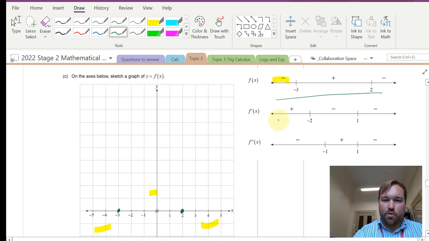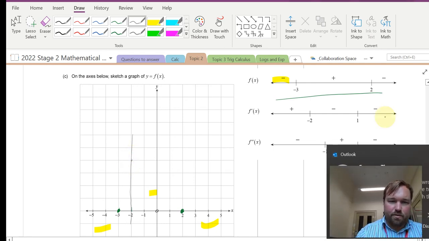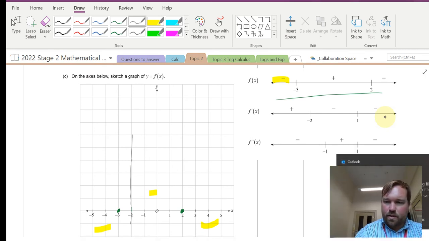The slope is positive until minus 2. So what we're looking at is here, there will be a turning point somewhere up here. Slope is positive till minus 2, and then it is negative the rest of it. So from here, it's all downhill.